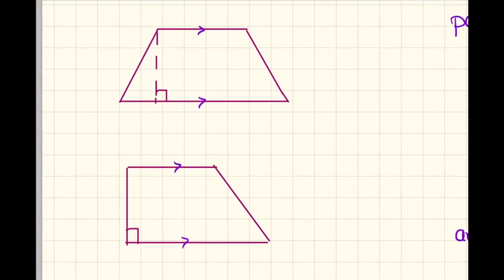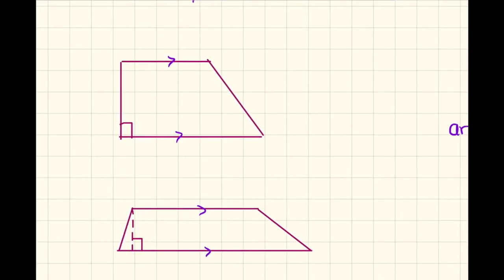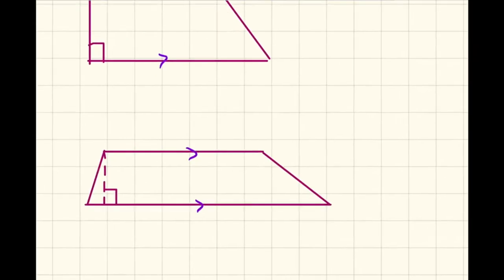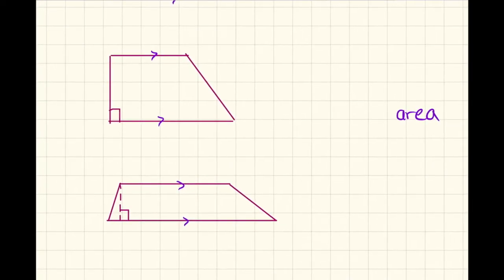Here are 3 different types of trapezoids. This one is considered an isosceles trapezoid because these sides are the same. This one is considered a right trapezoid because it has a right angle already embedded in it. This one here we could call just a regular trapezoid where none of the sides are the same length and you still have the top and the bottom are parallel.